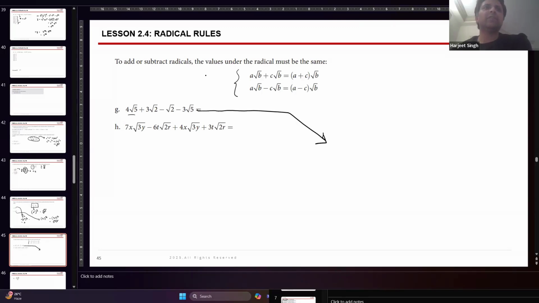We collect all terms having the same radicals. So these two will be collected together and these two. So 4 root 5 minus 3 root 5 will be root 5, and 3 root 2 minus root 2 will be 2 root 2.